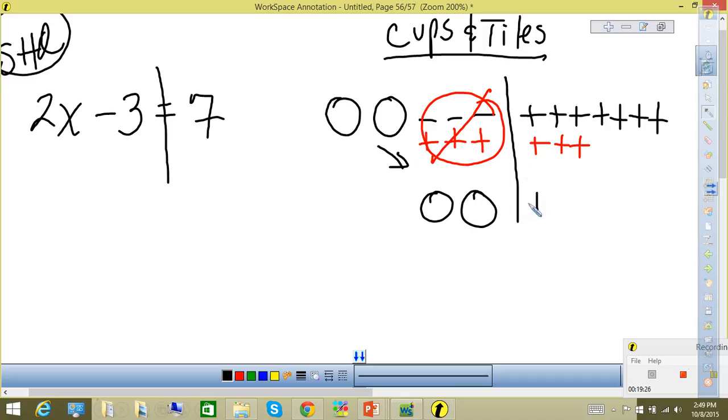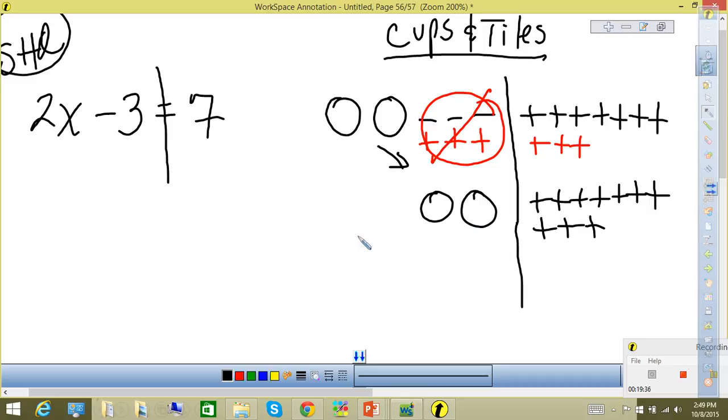And we're left with 1, 2, 3, 4, 5, 6, 7, 8, 9, and 10. Is that correct? Yeah, right? 7 and 3 more, that's 10. Do you guys see that?